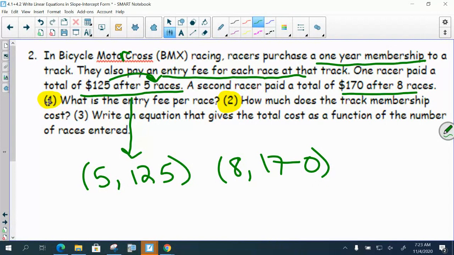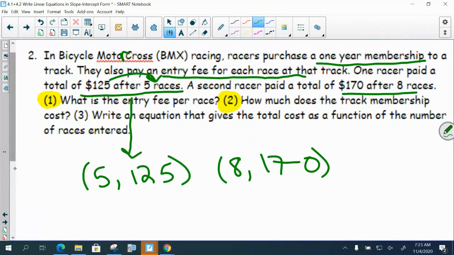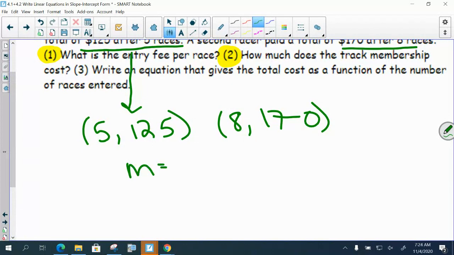So, part 1, what is the entry fee per race, and how much does the track membership cost? So number 1 is asking you what the slope is. So let's go ahead and answer that question by finding the slope. So let's do 170 minus 125.